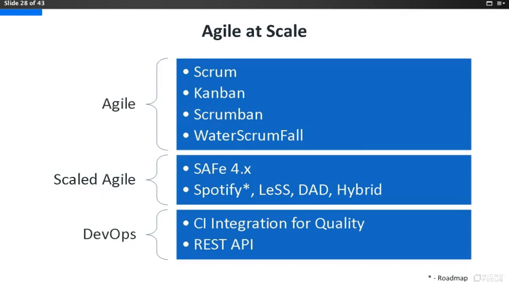DevOps is part of practicing Agile at scale. The pipeline model that we have and our openness to connect with CI systems like TeamCity, Jenkins, Bamboo, and also extensibility with our CI SDK allows us to bring data that comes from these tools back into the product and provide full traceability on automated tests and readiness of the build for deployment in production.